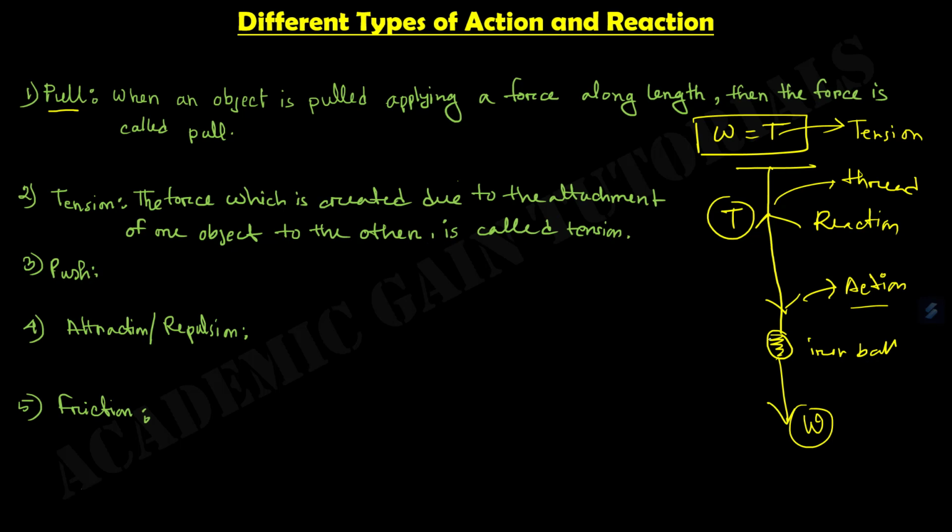By the help of this example, we can say that the force created due to the attachment of one object to another is called tension. Here we attached an iron ball to another object, a thread, and due to this iron ball, a force is created. This created force is known as tension.